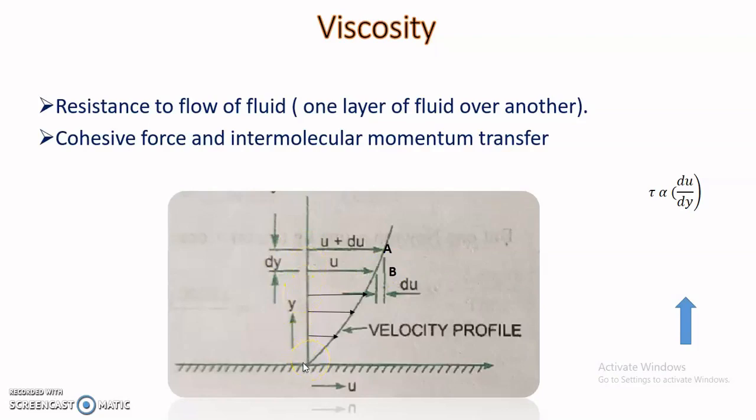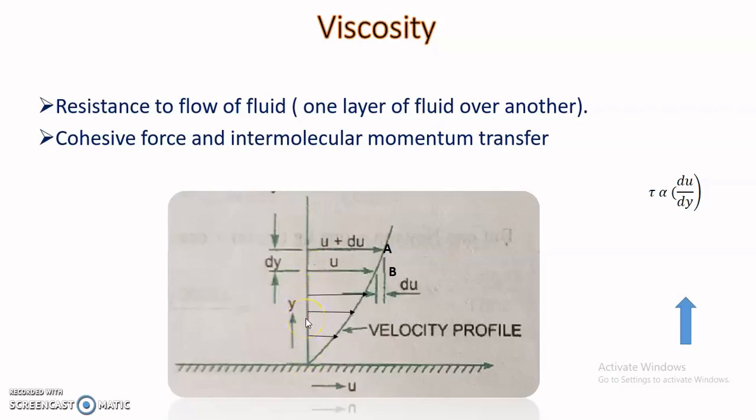Now come to the bottom part of the diagram. The velocity at the bottom is 0 here, and it increases as we move towards the y direction. Why is the velocity 0 here? It is because of the adhesion and van der Waals force, since it is maximum here. As we move away from the bottom towards the y direction, adhesion and van der Waals forces decrease, so the velocity increases. Clear?